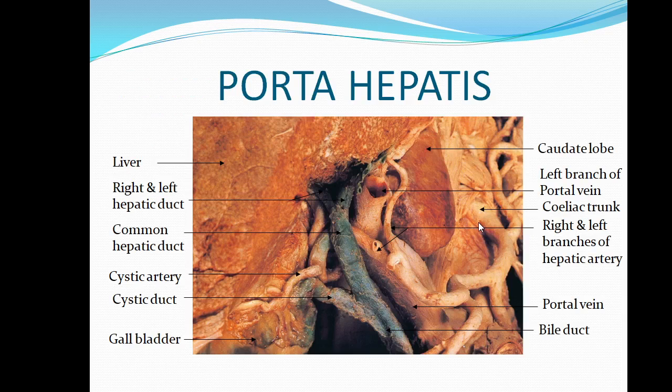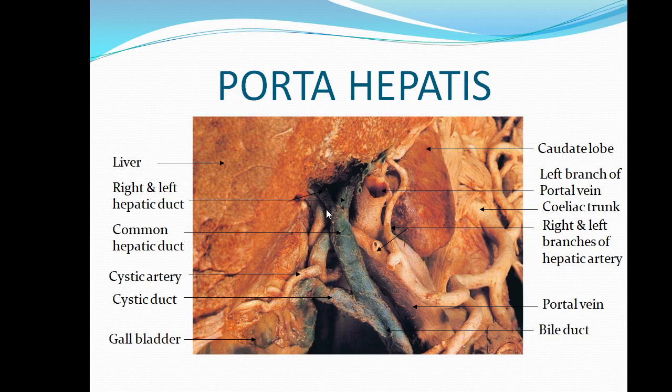This dissection has been done to see the structures present in the porta hepatis. Here you can see the portal vein. This is the portal vein, this is the hepatic artery, and this is the bile duct.